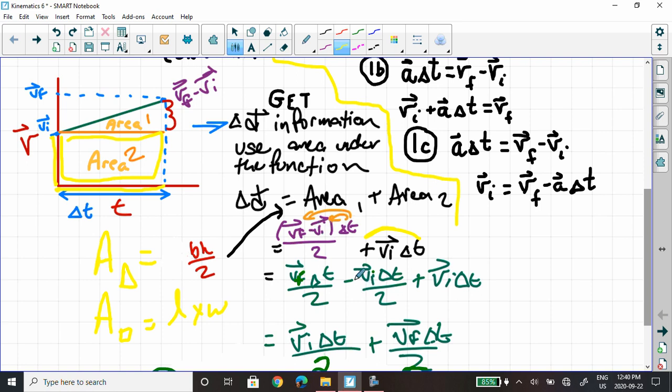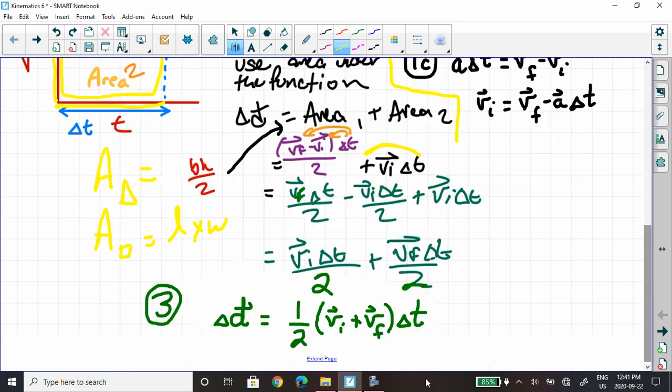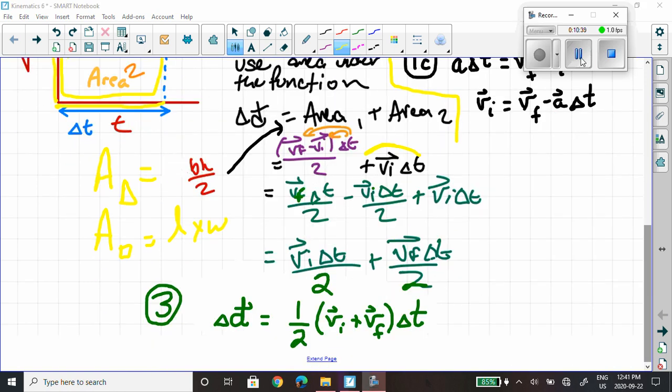What do I get? Negative VI times delta t, and I still have a 2 at the bottom. So this term turns into 2 terms. And the VI times delta t just continues, so I just keep copying it down.